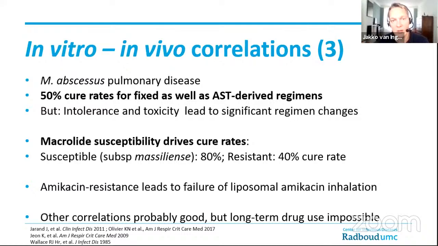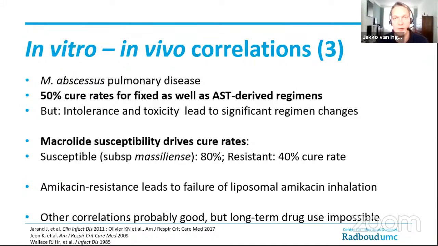And it is in those strains where that macrolide resistance system is broken that the isolate is susceptible. It's in that subgroup that we see the treatment outcome with macrolide-based regimens is quite good, whereas it is very poor in patients infected with strains that have functional inducible macrolide resistance.